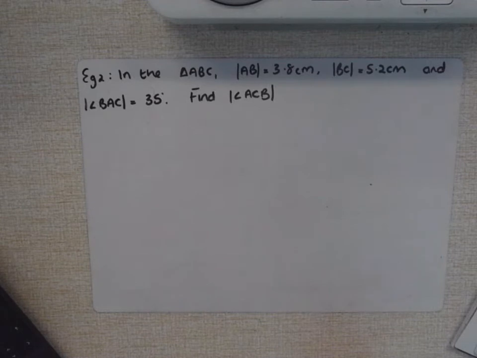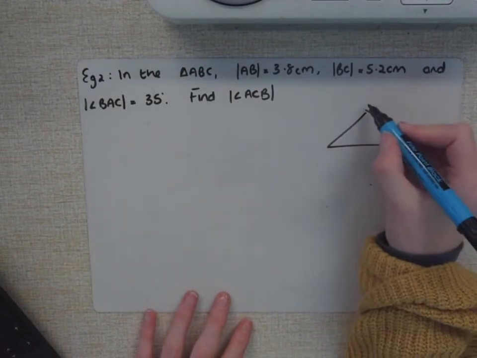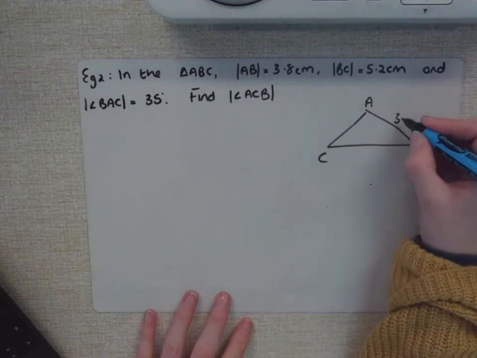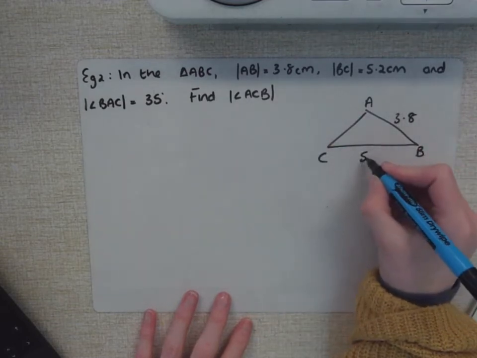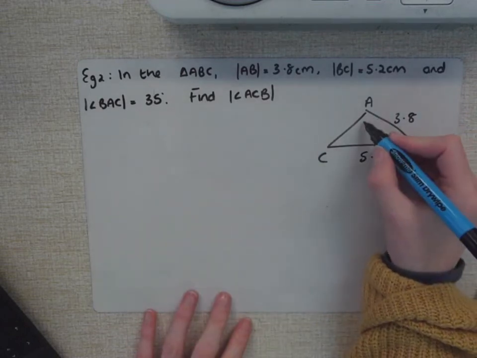In the triangle ABC, AB is 3.8, BC is 5.2, and angle BAC is 35. You need to draw yourself a sketch and fill in. So AB is 3.8, BC is 5.2, and angle BAC, so that's angle A, is 35.